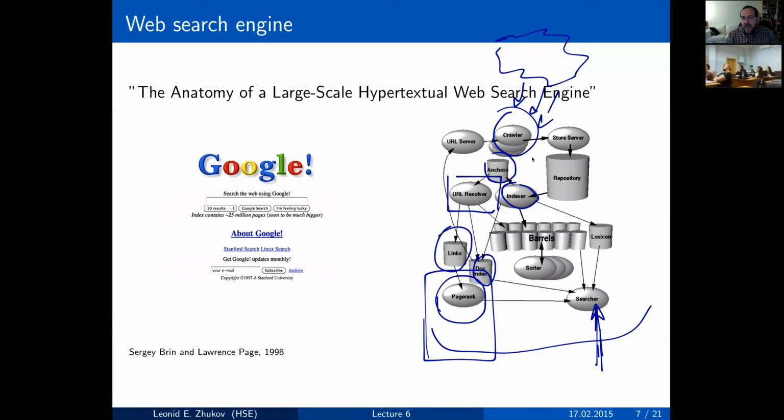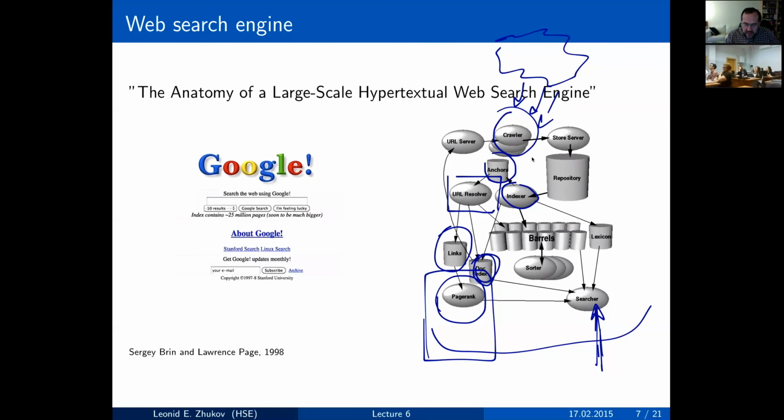But the idea is that before Google, most of the search engines were using, of course, a document index to provide relevant results. Plus, they sometimes used an in-degree counter, counting how many other pages point to a particular page as a proxy for the importance of the page.